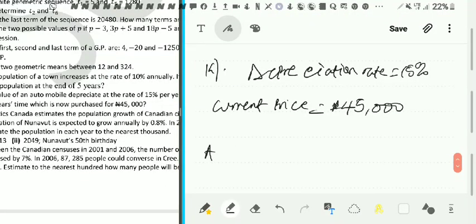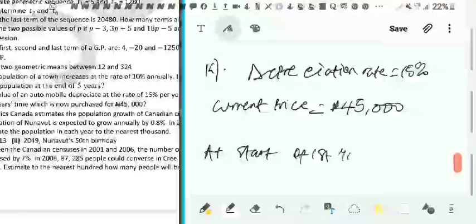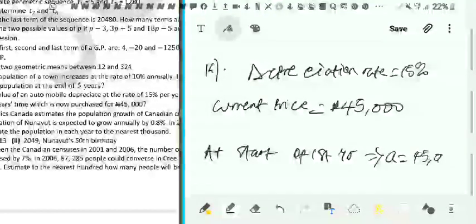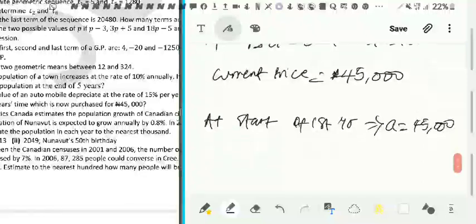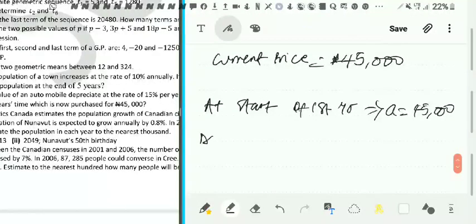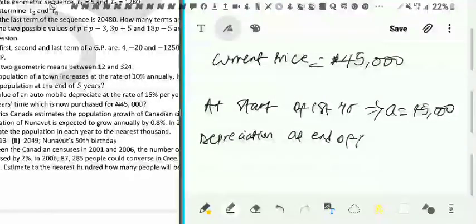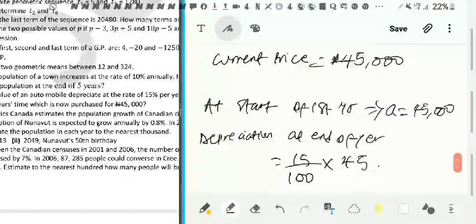So at the start of the first year, A is 45,000. What's the depreciation at the end of the year? That will be 15% of 45,000.